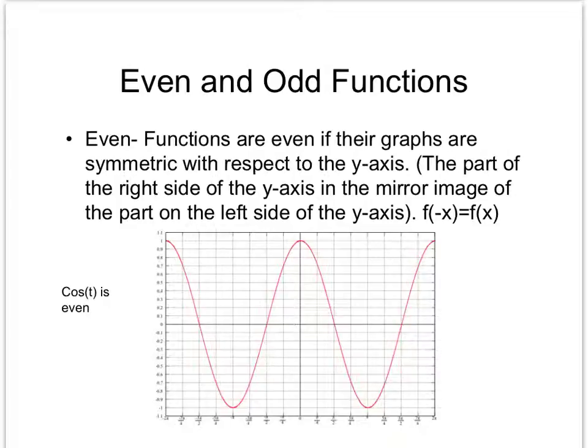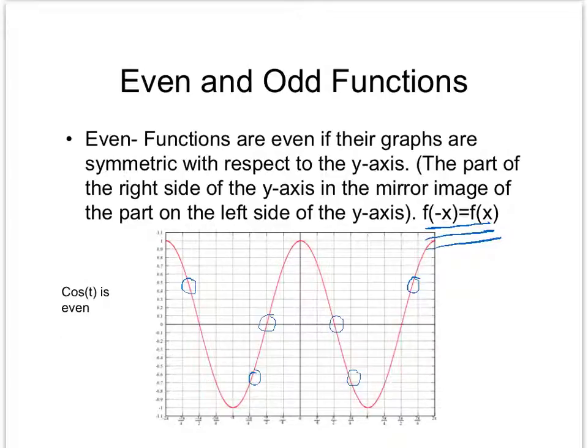If we choose some random x, the negative of that x is going to have the same value. Every positive and its associated negative value has the same value.